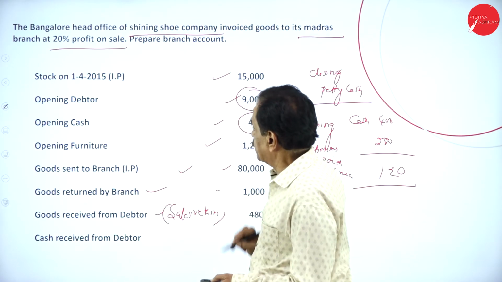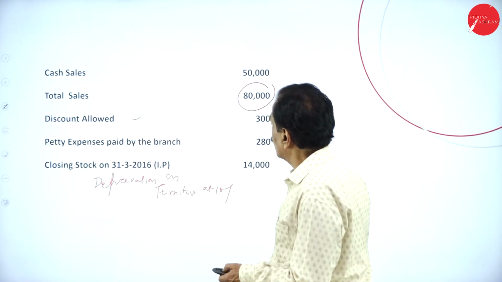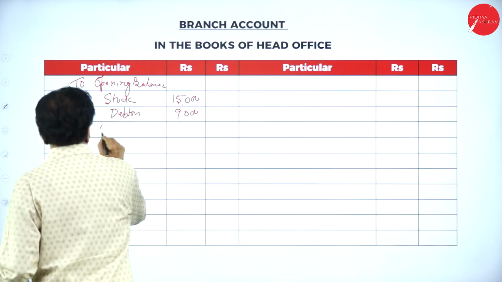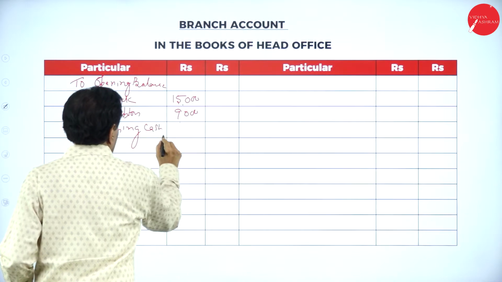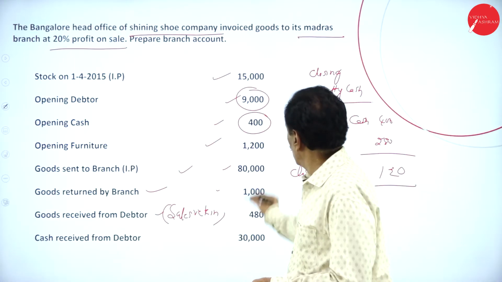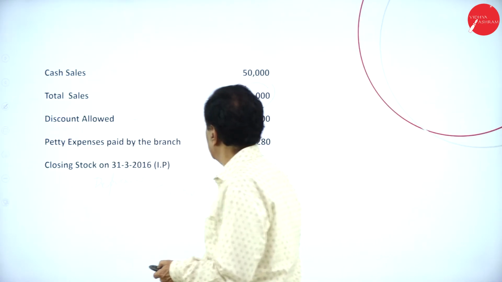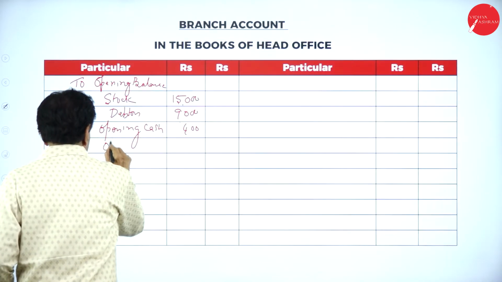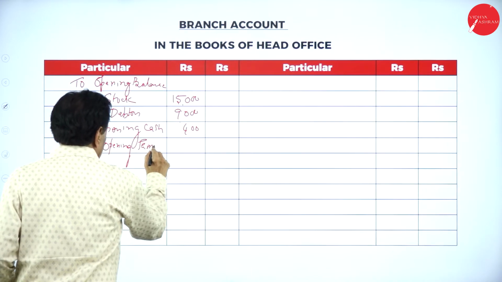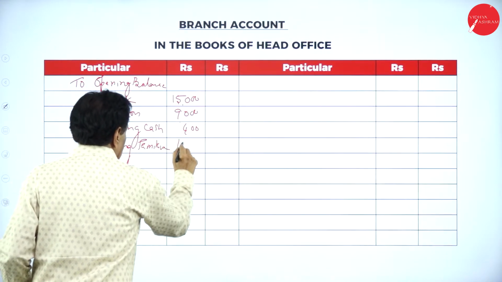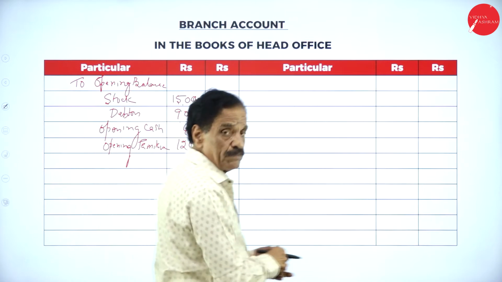What's your opening cash? 400. Opening cash 400. Opening furniture 1,200. I will explain.